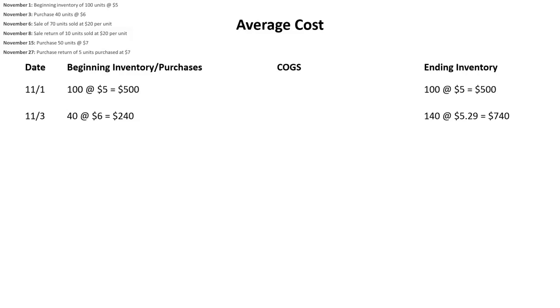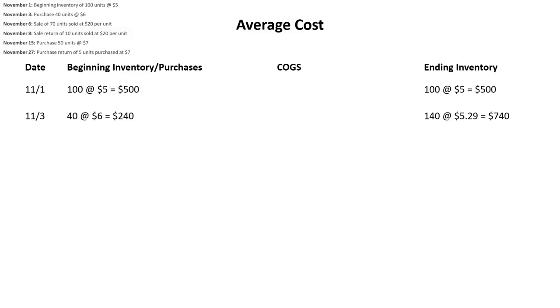We find that number by taking the total number of units that we have. So if we initially had 100 units and just purchased 40 more, that's how we get the 140 that we see in our ending inventory. And then we need to add together the total values of those inventories.